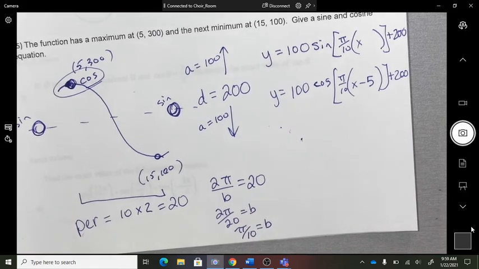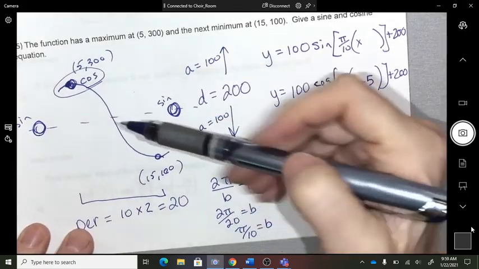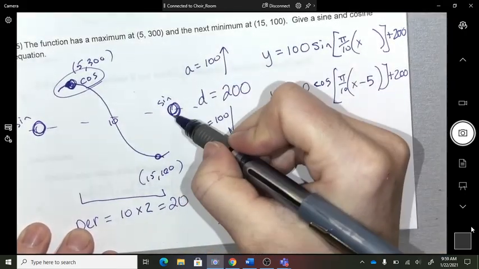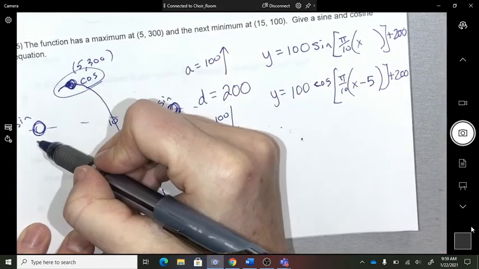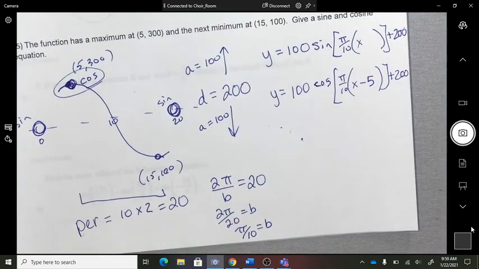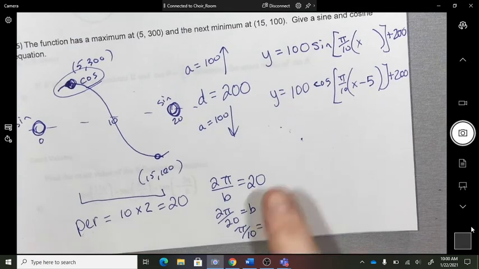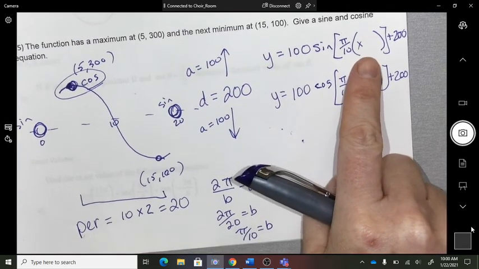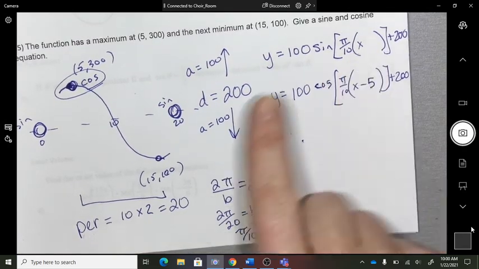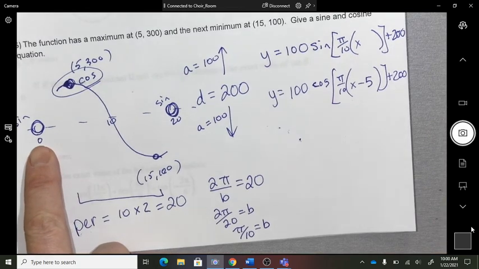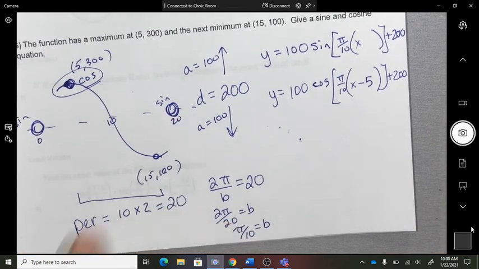So how am I alternating? I'm going like 5, 10, 15, 20, or this is actually 0. So you actually don't need anything in there because you could have started sine at 0. Or you could have put minus 20.